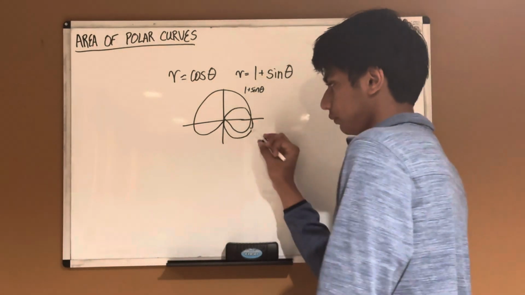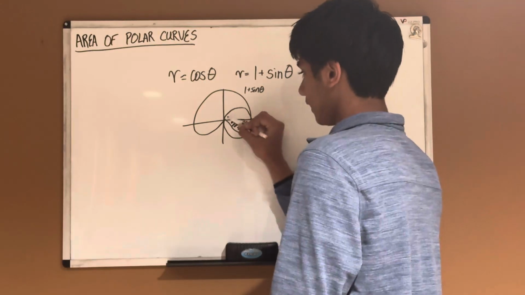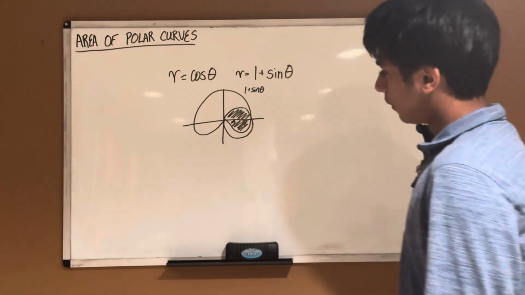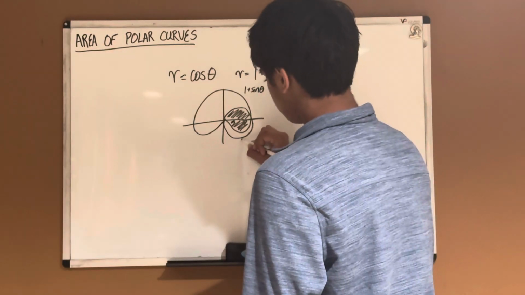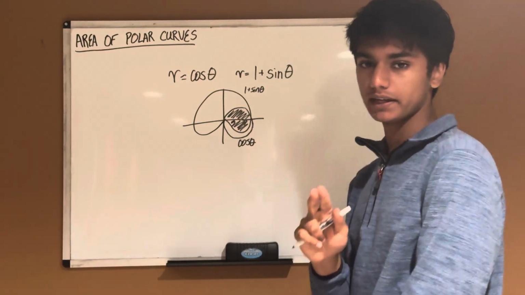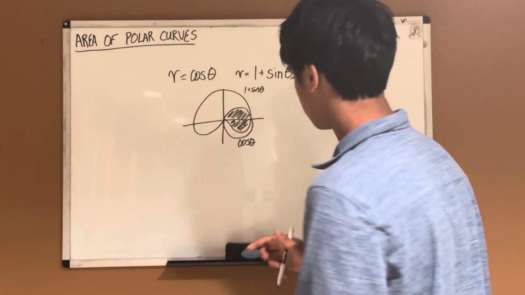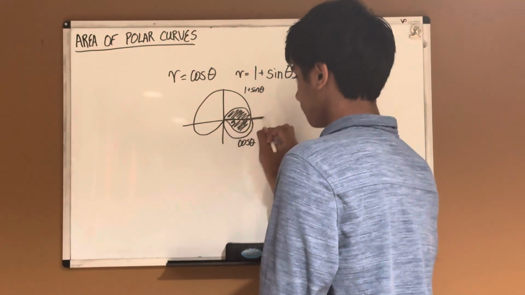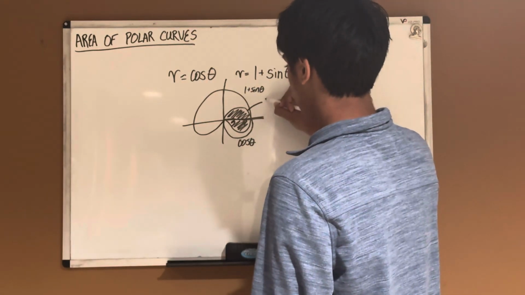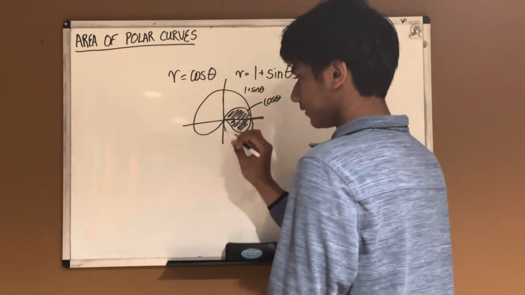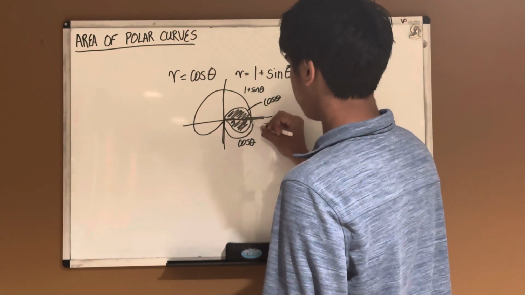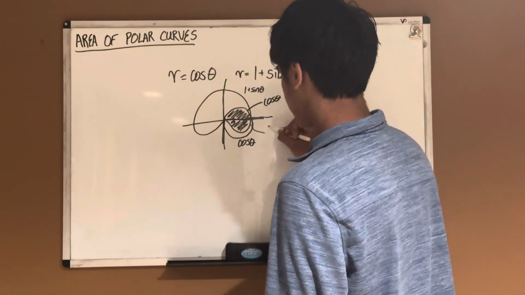Now what we want to do is find this area, the entire area, like this to this. So if we look at the curve, we can break it up into two components, two integrals. We can first take the integral from here to here of the cosine theta curve, and we can take the integral from here to here of the 1 plus sine theta curve.